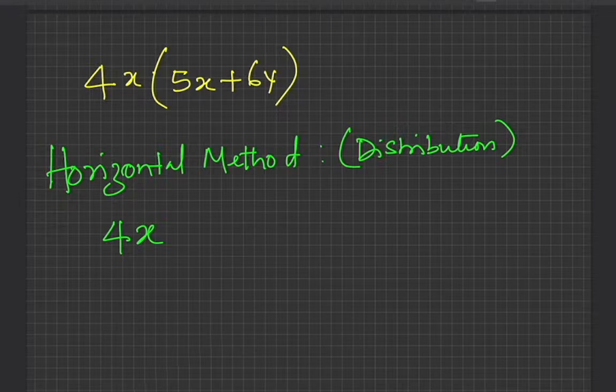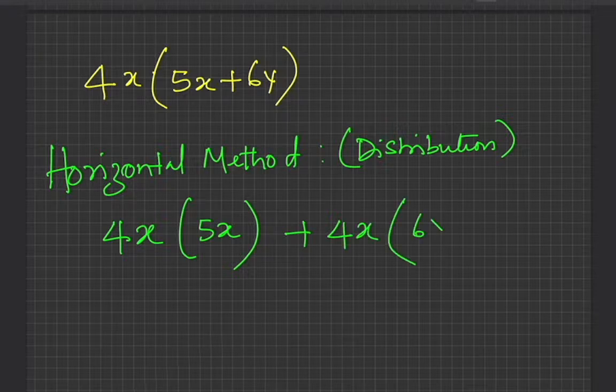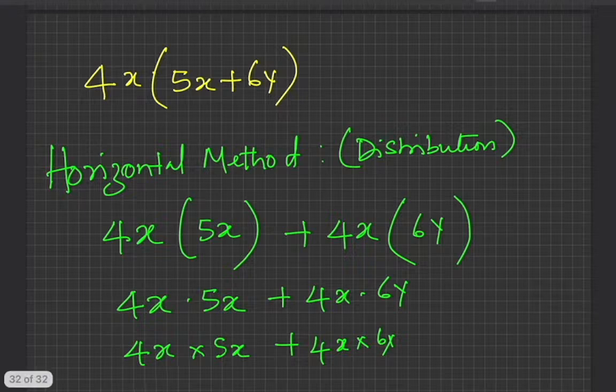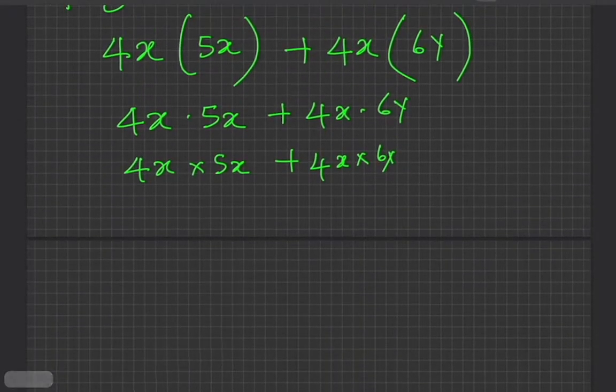So 4x times 5x plus 4x times 6y, right? I can use it this way, or I can also write 4x times 5x plus 4x times 6y. I can do it that way also.